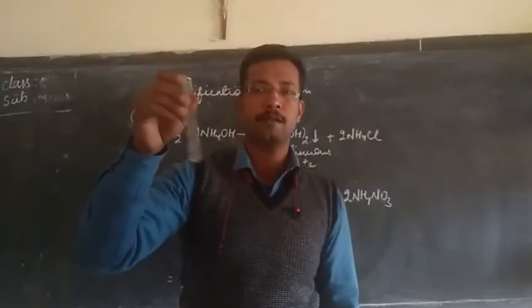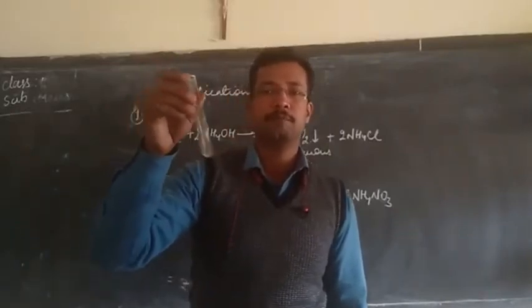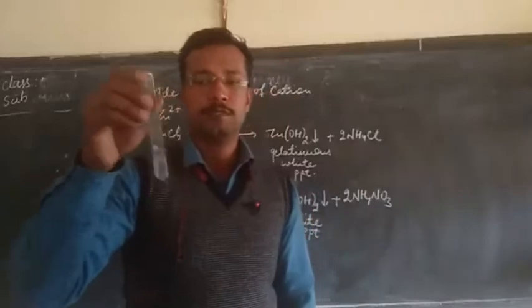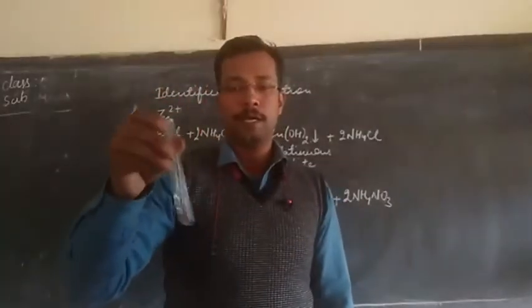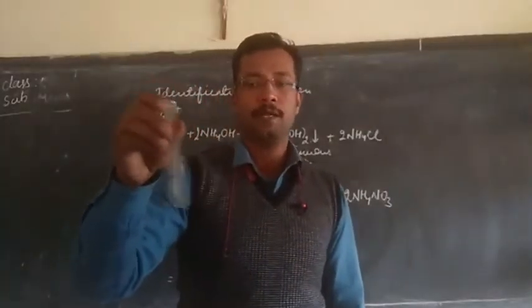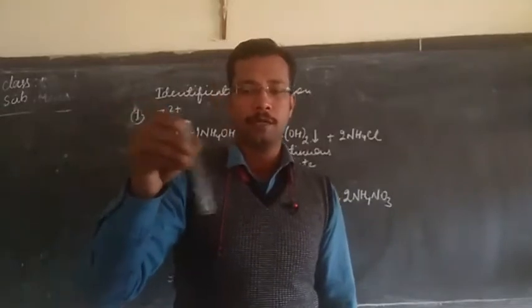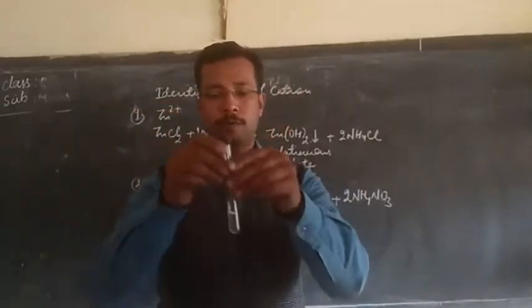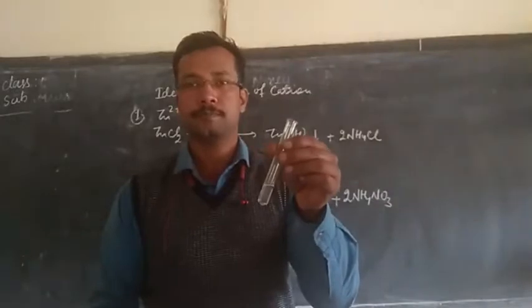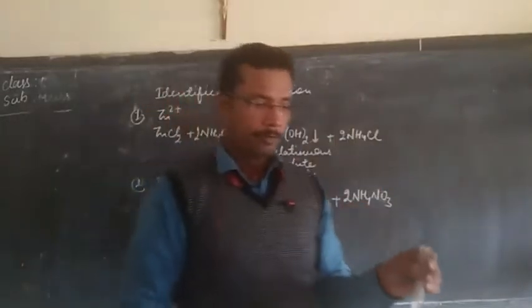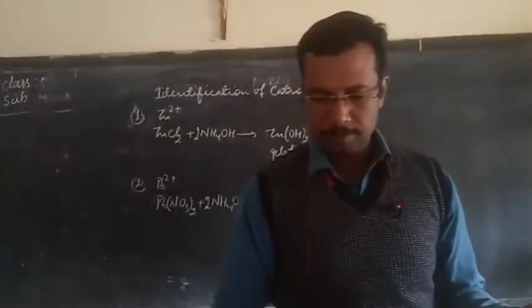We'll shake well so that we get a proper solution of zinc chloride, and after a while, on shaking well, we are going to add ammonium hydroxide to it. So we will take ammonium hydroxide.